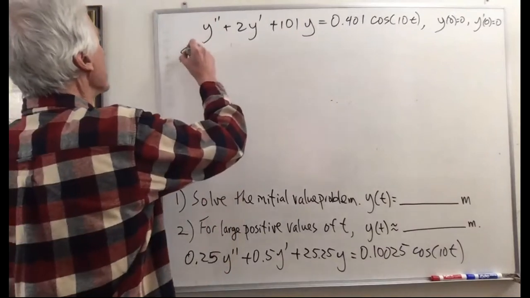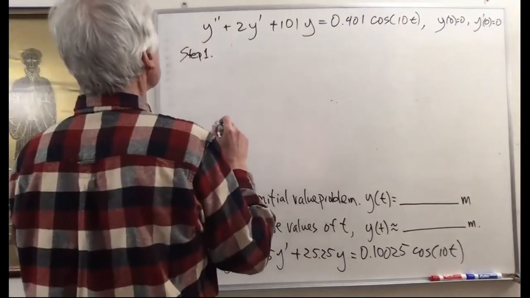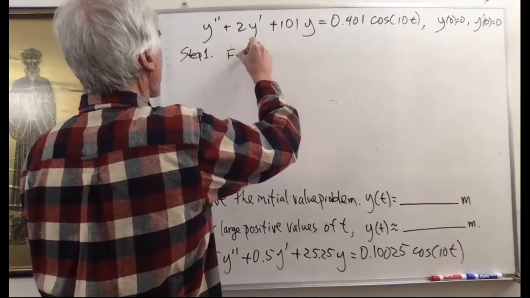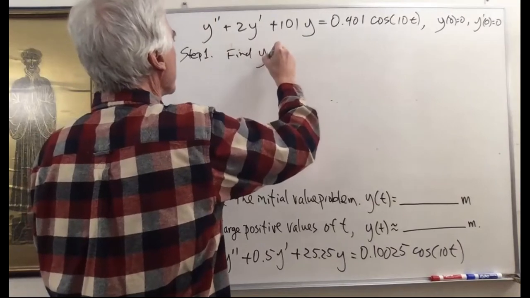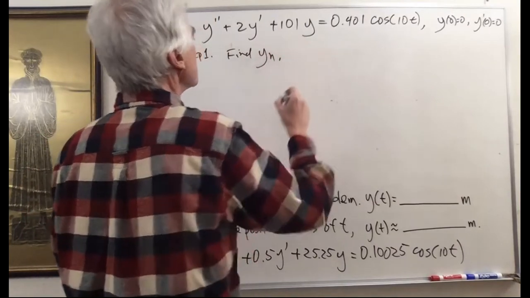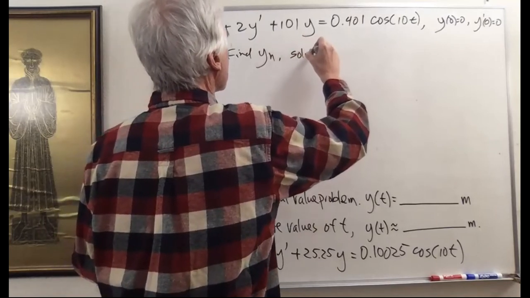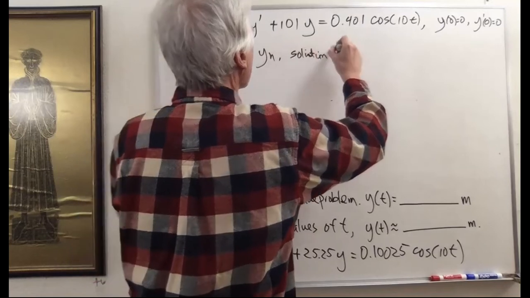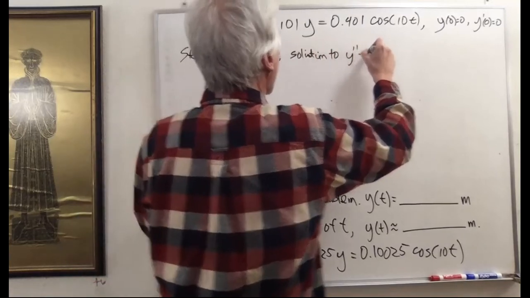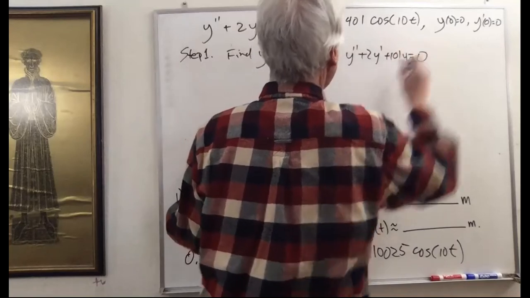Step 1. Okay, find YH, the solution to y double prime plus 2y prime plus 100y equals 0.